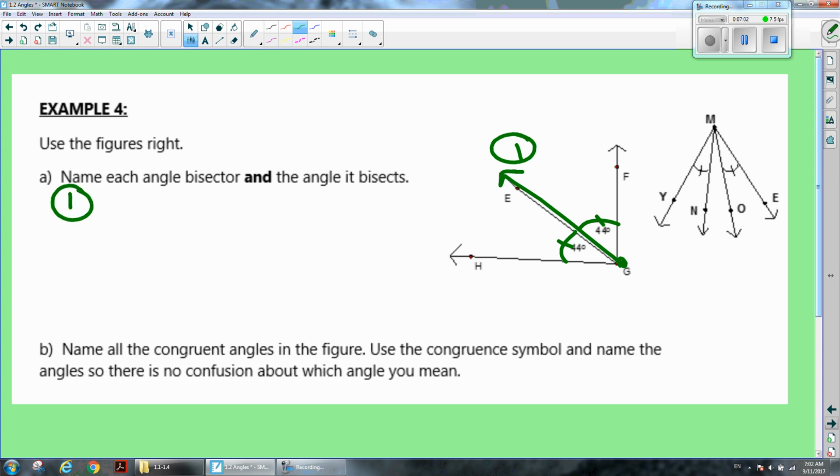In figure 1, ray GE, endpoint at G, going through point E, bisects angle HGF. Again, we have to use three letters here since there are more than one angle that share the vertex G. Could have called this angle FGH if you wanted.